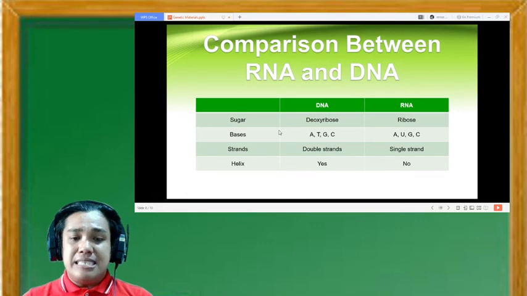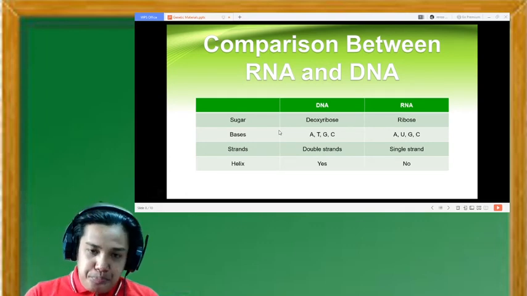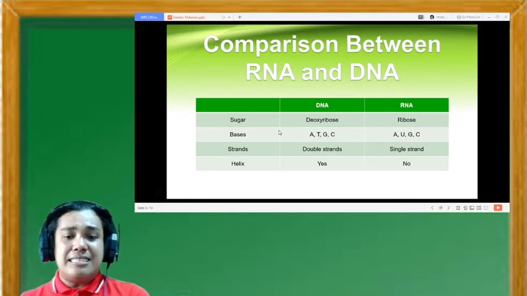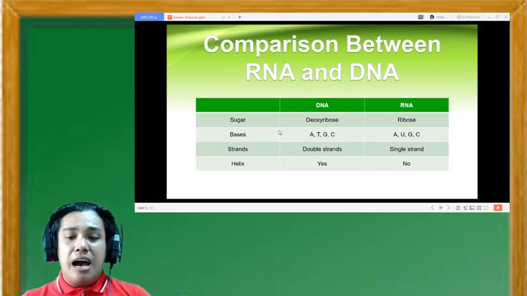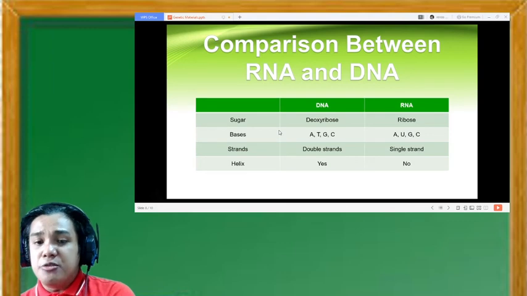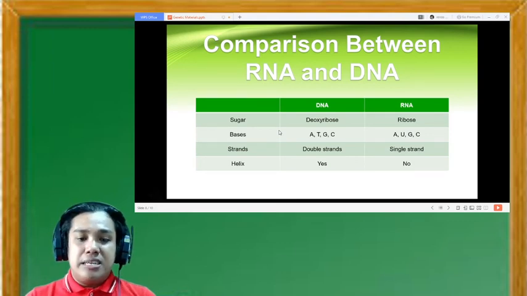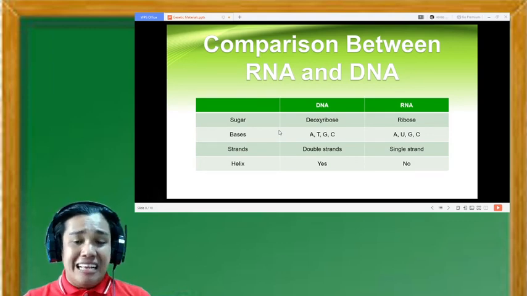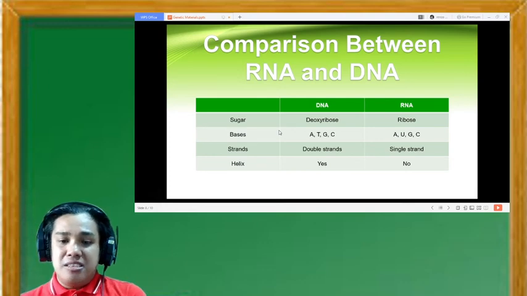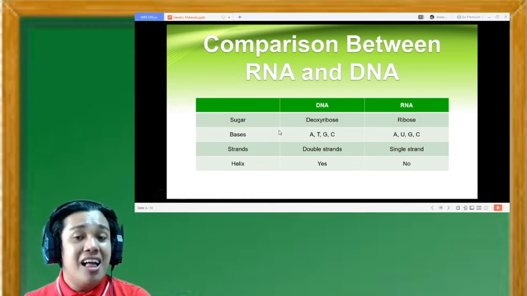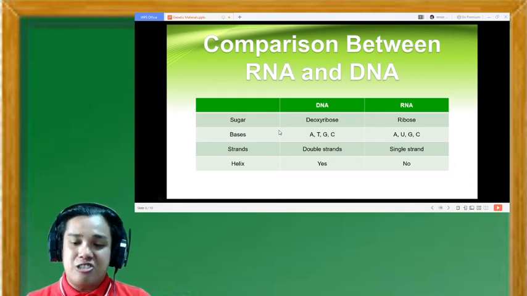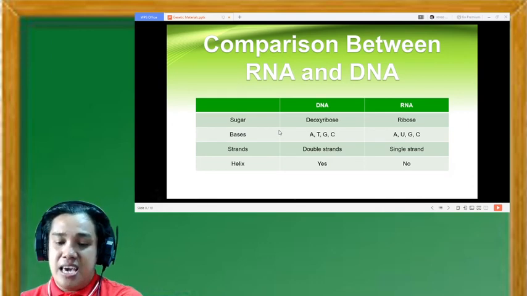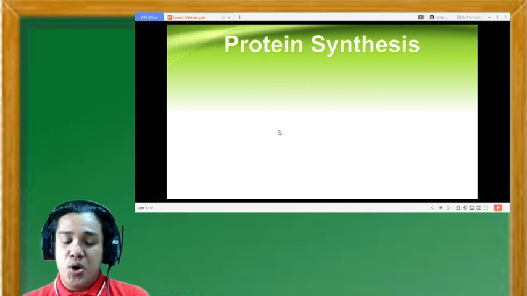And sa bases, on the DNA, it presents the thymine; in RNA, the thymine is replaced by the uracil. Okay, for strands, DNA is double strand and RNA is single strand. In helix, DNA is a helical structure and RNA is not.